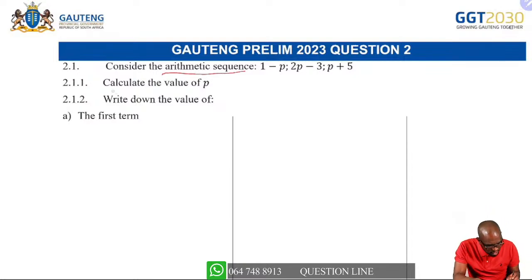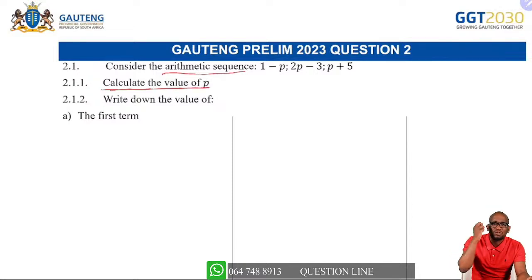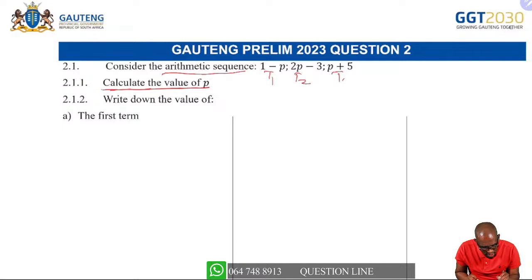Now, calculate the value of p. The first thing they wanted from you was to calculate the value of p. You've been given T1, T2, and T3, and you need an equation to be able to calculate the value of p.